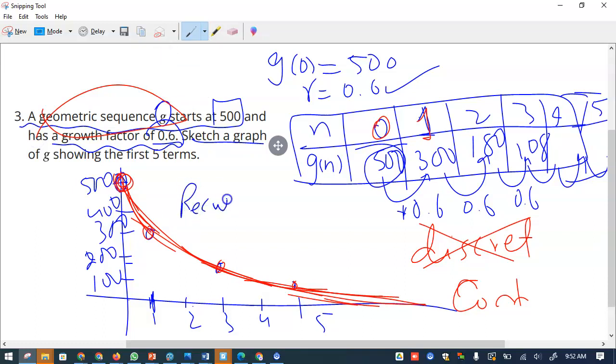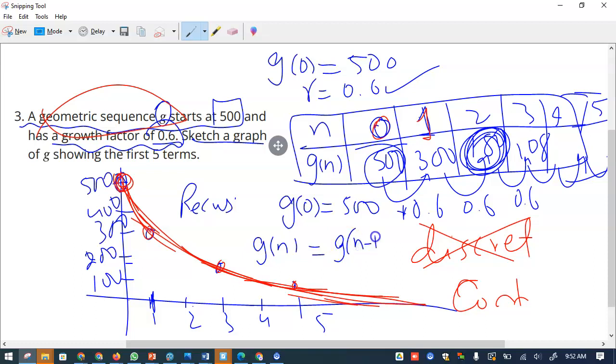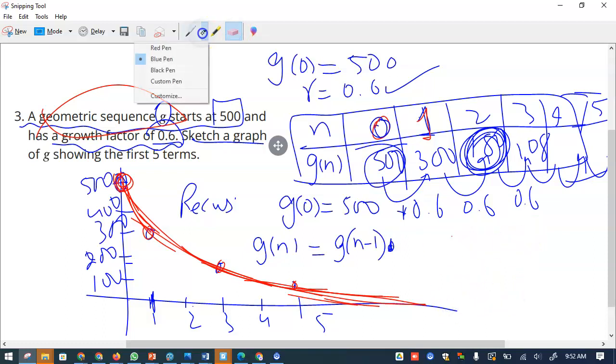recursive definition, so what is recursive? Again, I'm writing g of 0 is given. g of 0 is 500, and any term at any number, let's say 180, how do you get 180 from the previous one? It's always the one before, g of n minus 1, and then you multiply by the common ratio.